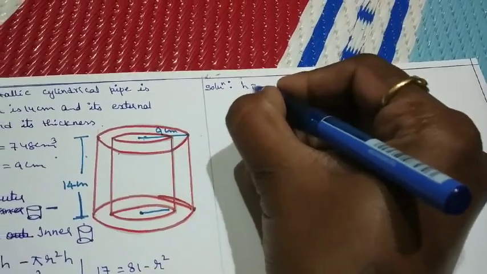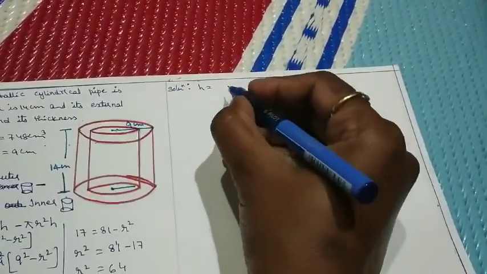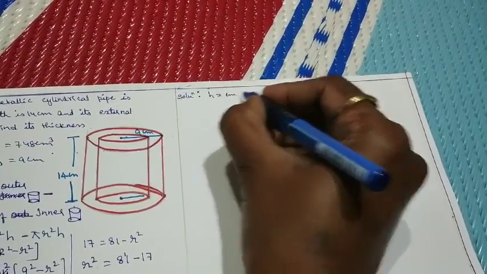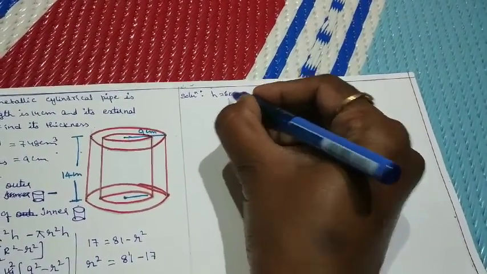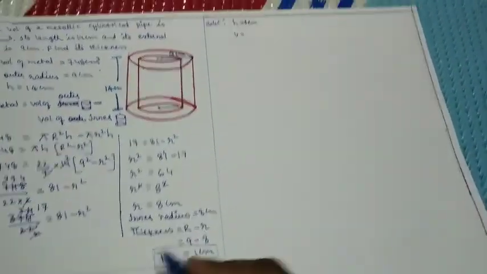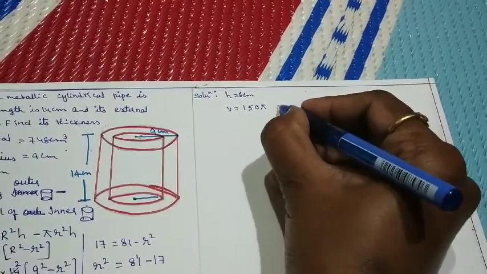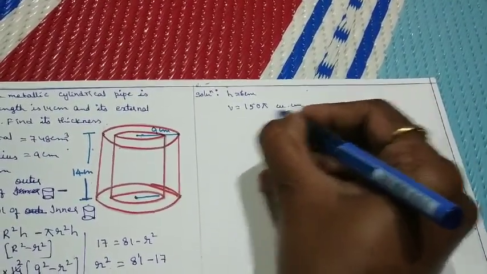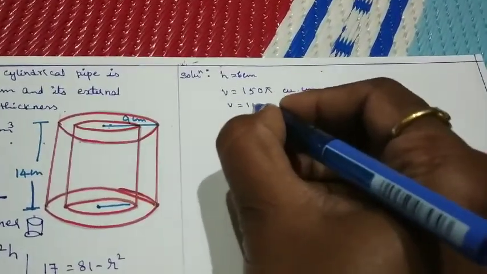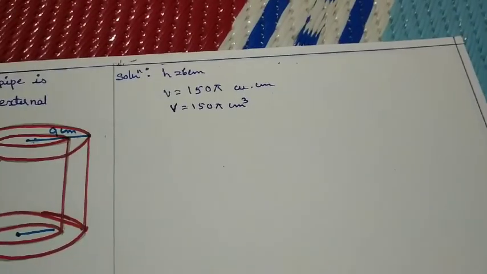So the height of the cylinder is given as 6 centimeter. And the volume of the cylinder is 150 pi cubic centimeter. That is, we can write V equal to 150 pi centimeter cube.